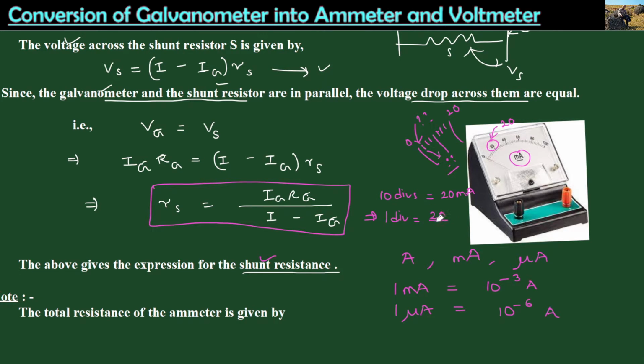Cross multiply, that 10 goes to that side, and the 0 and 0 get cancelled. So that small division will be equal to 2 milliamperes.